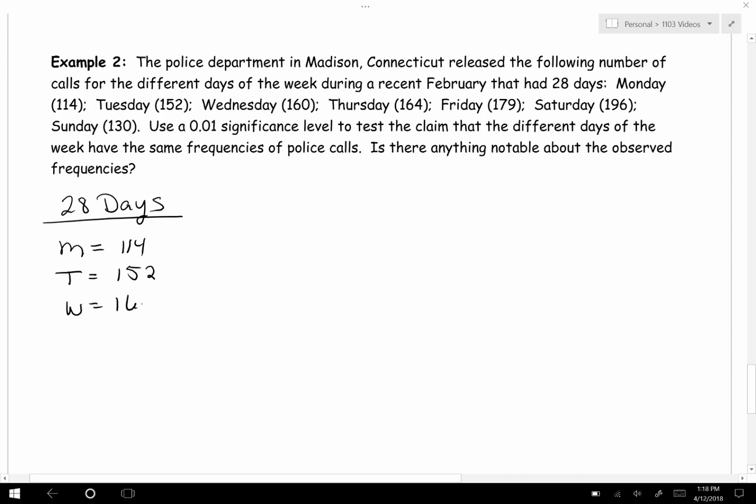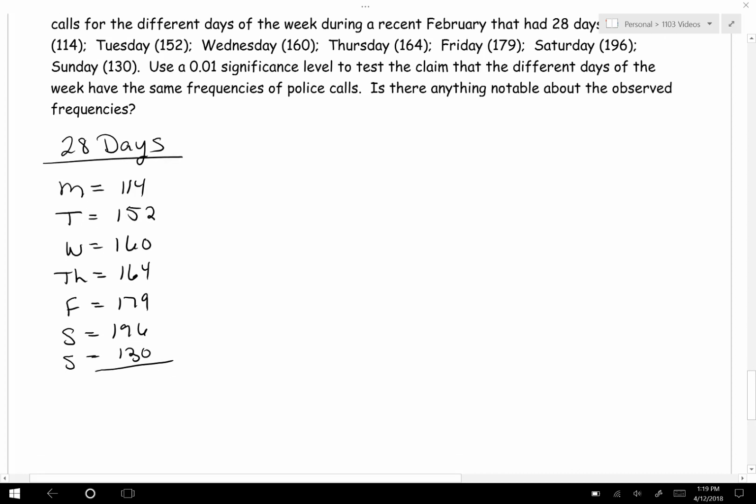Wednesday, we had 160. Thursday, we had 164. Friday, we had 179. Saturday, 196. And on Sunday, we had 130. So we need to add all of these up because we need the total. And if you add them up, you should get 1,095.